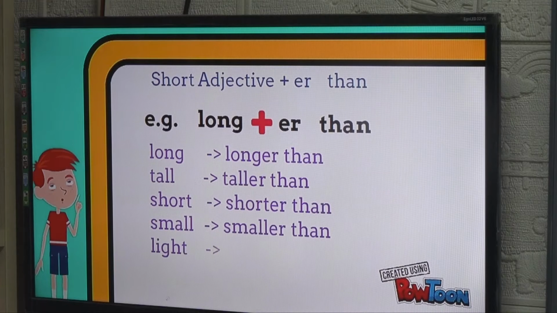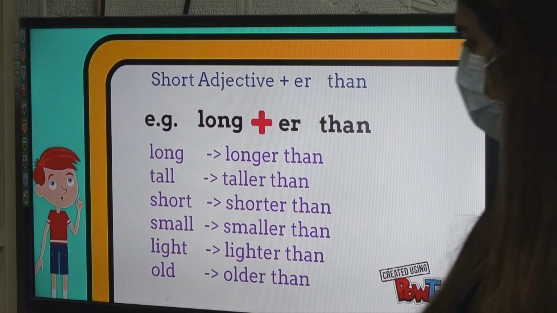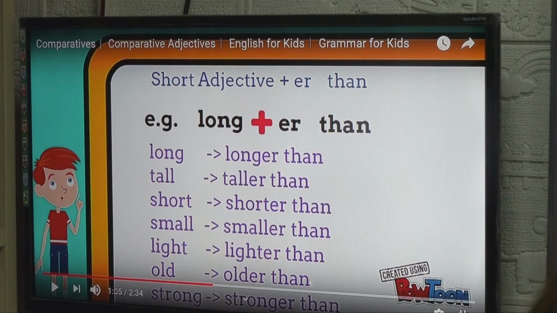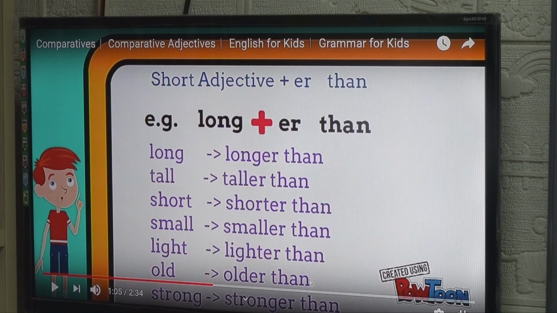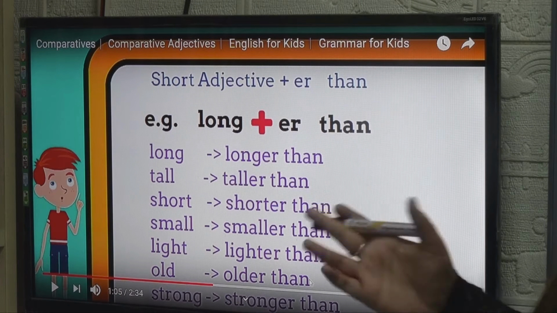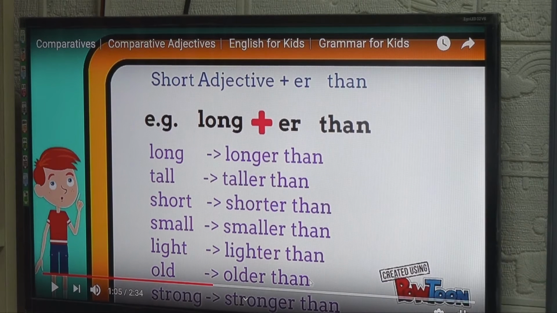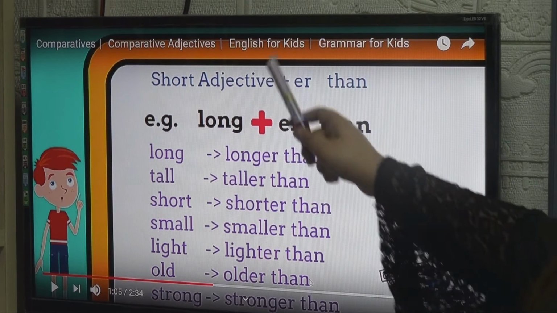Alright, so there are many examples here, right? So here are some of the adjectives. So basically, a short adjective means a one syllable adjective. If a word has one syllable, it means a word with one beat. So for example, long, right? Long, just one beat, one syllable, one clap. So this is a one syllable adjective.